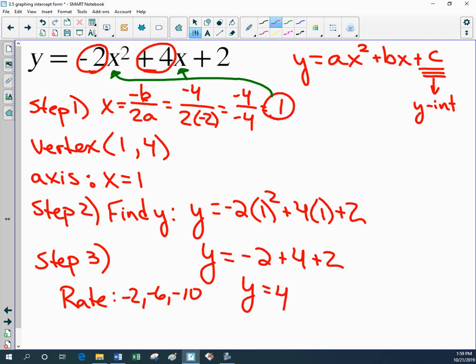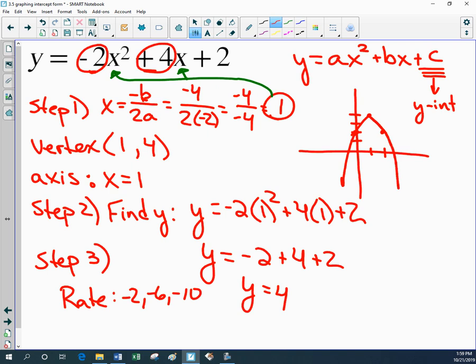So we'll just do a real rough sketch over here. So the vertex is at (1, 4). So here's the vertex. Okay, the rate, negative 2, negative 6, negative 10. So from the vertex, I would go down 2 over 1, down 2 over 1. And then from this point, I would go down 6 over 1.